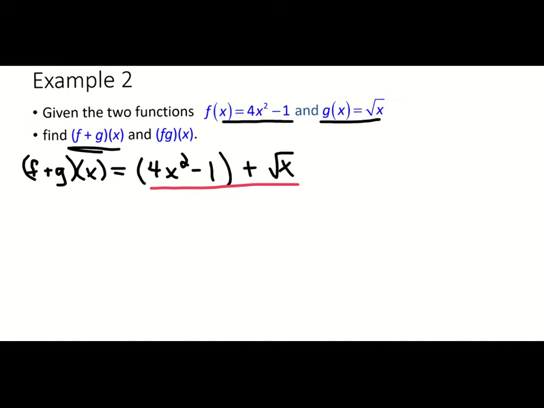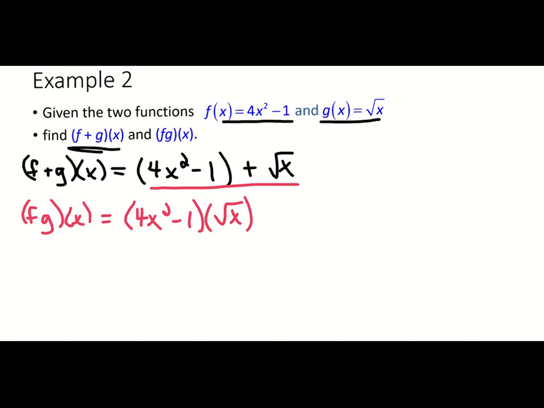Now for the next one, we are going to multiply. So we're going to do f times g of x, which means we're going to do 4x squared minus 1 times the square root of x. And we can multiply here.